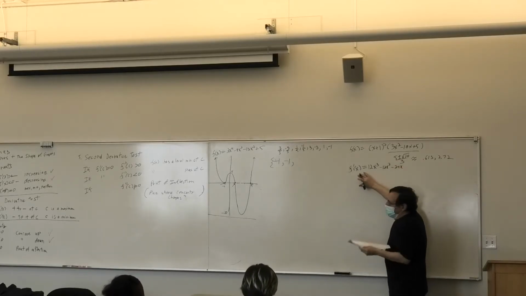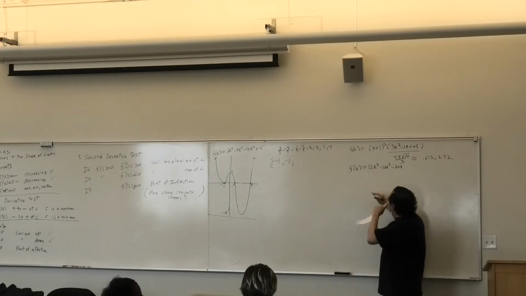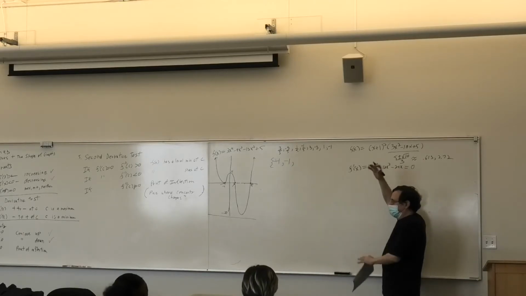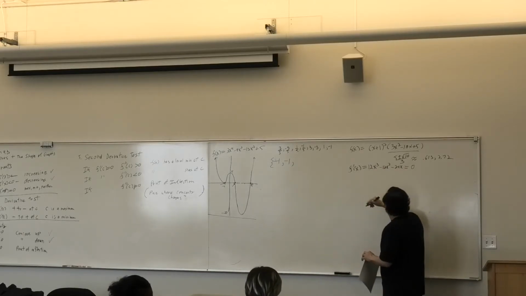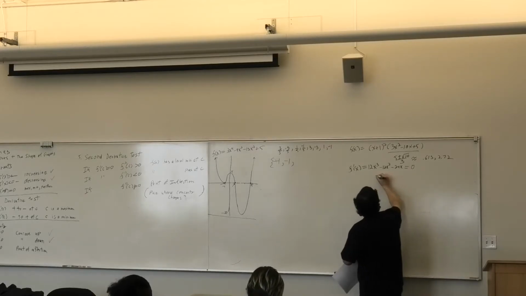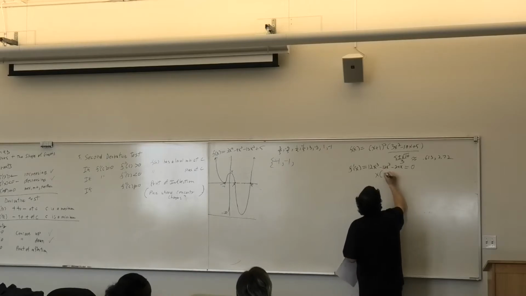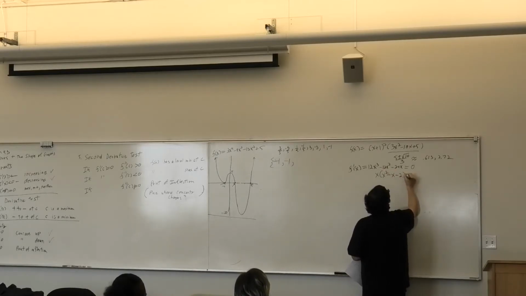We're going to see where this is 0, but we're really not that interested in the quantitative value, just whether it's positive or negative. So we can divide by 12. And what are we going to get? We're going to get x times (x squared minus x minus 2) equals 0.